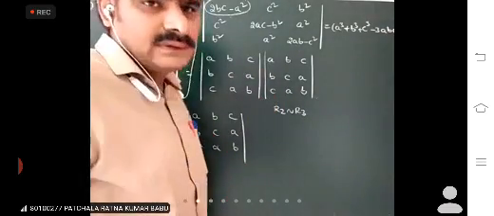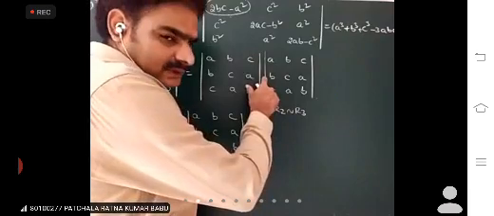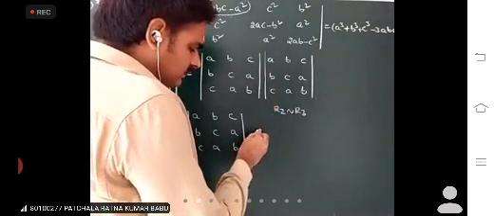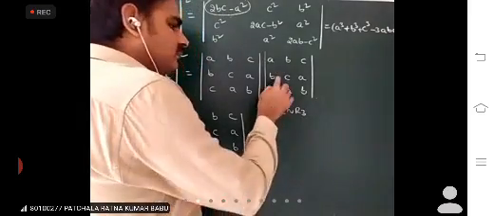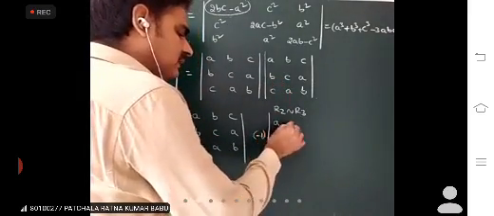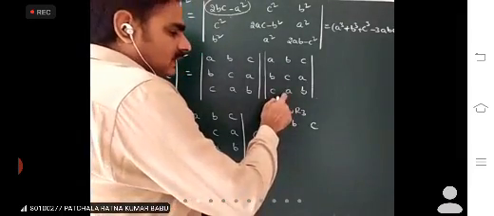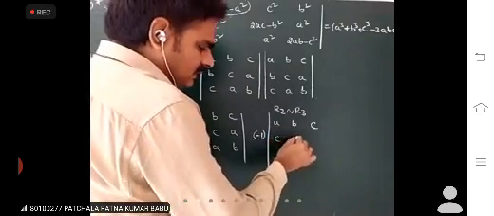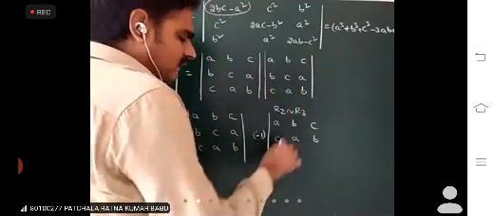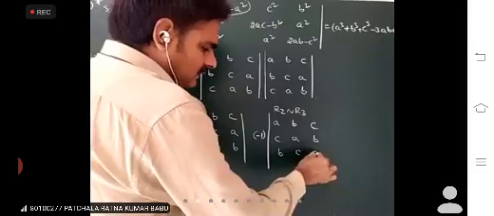Here there is a positive sign before this determinant, so it becomes a negative sign. So put a negative sign before the second determinant. A, B, C. Write the third row as the second row: C, A, B. Write the second row as the third row: B, C, A.